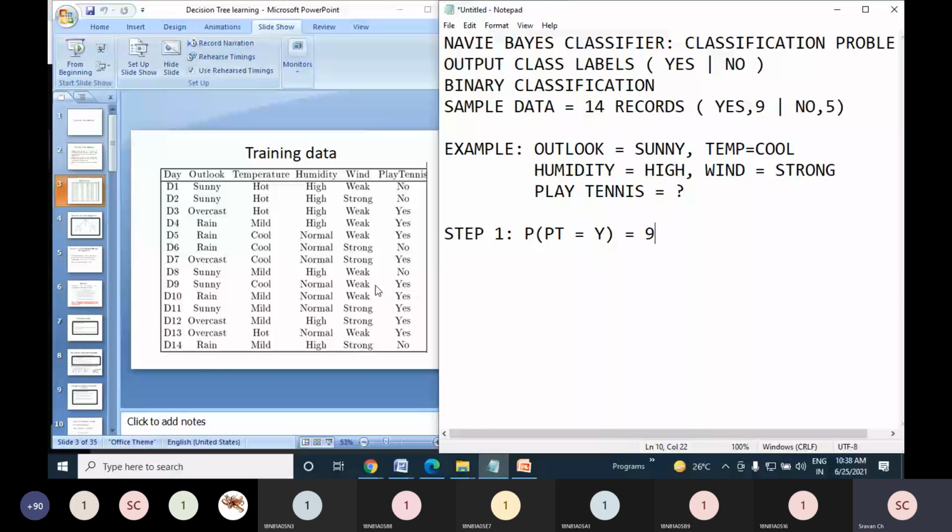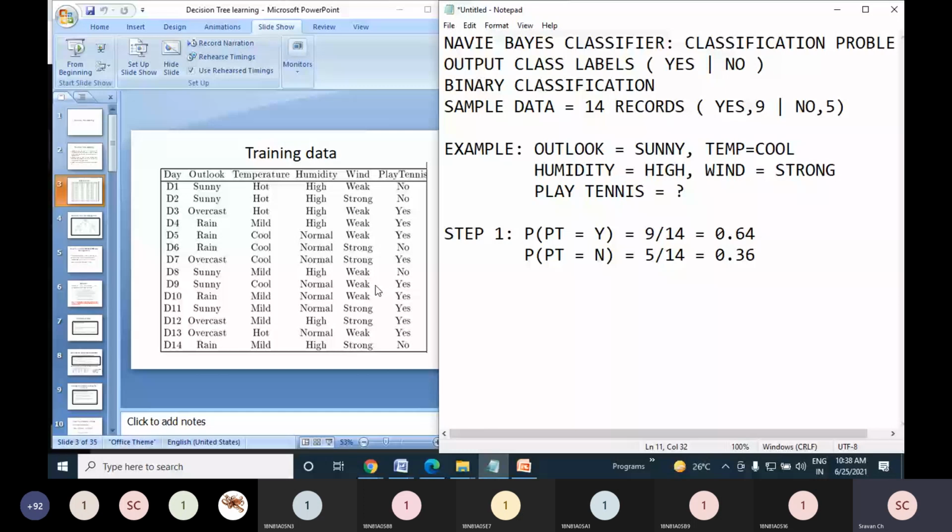Without looking at the parameters, only at the outcome variable, the overall probability of yes is 9 by 14, which is 0.64. Similarly, P of PT equal to no is 5 by 14, which is 0.36. Now step 2.